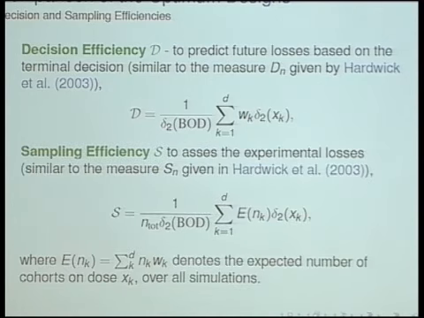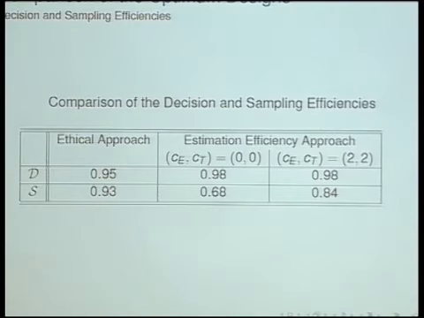And here's another one, sampling efficiency, which, instead of these weights, we looked at the expected number of cohorts on the dose K, and this is also between 0 and 1. And what we get as the result is that for the D criteria measure, which actually tells me about the recommended dose, the efficiency is very high everywhere.